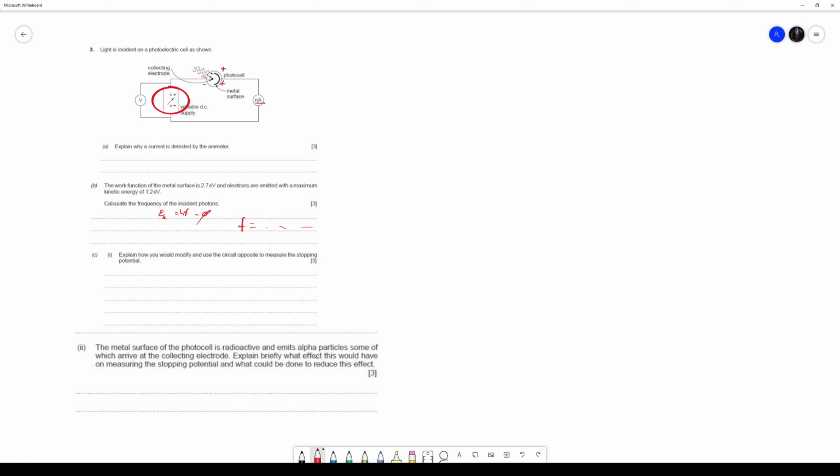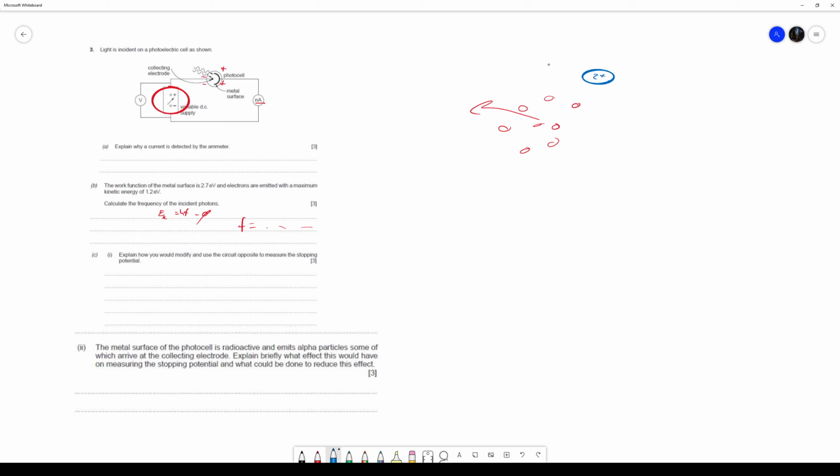Think carefully about this. What is going to be the effect of this? Alpha particles are positively charged, so having alpha particles cross here with the electrons reduces the net current. Current is flow of charge. So if I have, let's say, 10 electrons in a given time frame cross this gap, and there's one alpha particle in the mix with it, the alpha particle at +2 means 2 less charge crossing the gap.